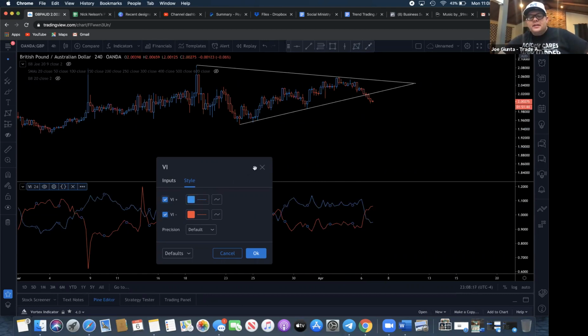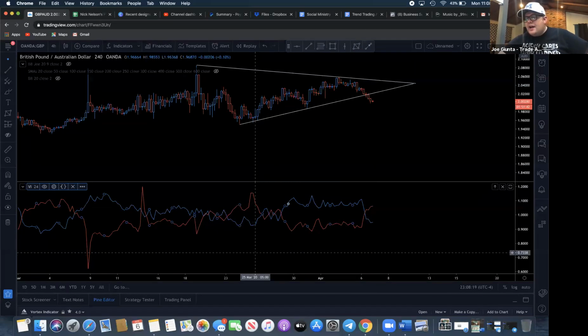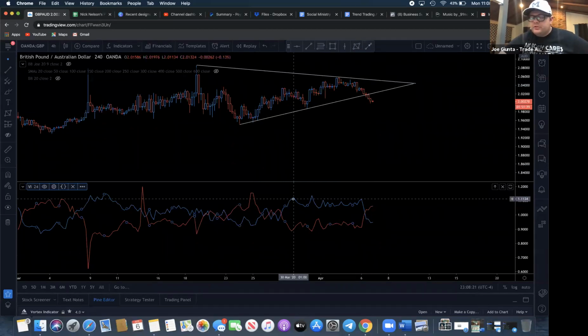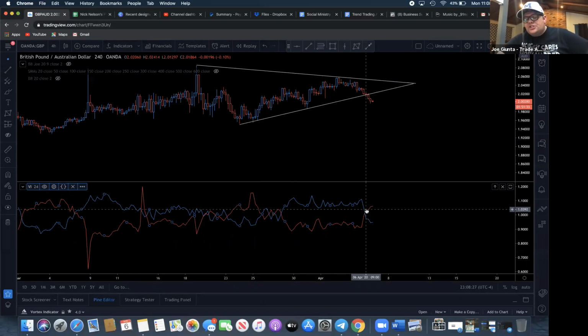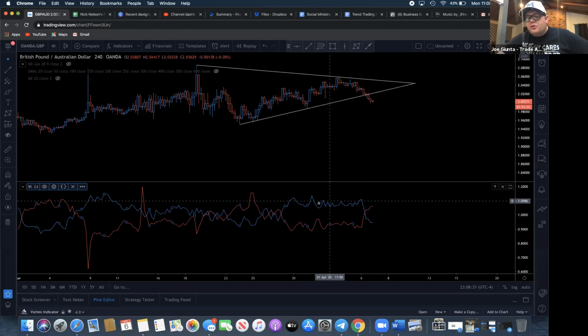So now you put them together and you have what I think is one of the most powerful tools in the Forex market. When you have red pressure that is higher than blue pressure, what does that mean? Sell. When you have blue pressure that is higher than red pressure, what does that mean?